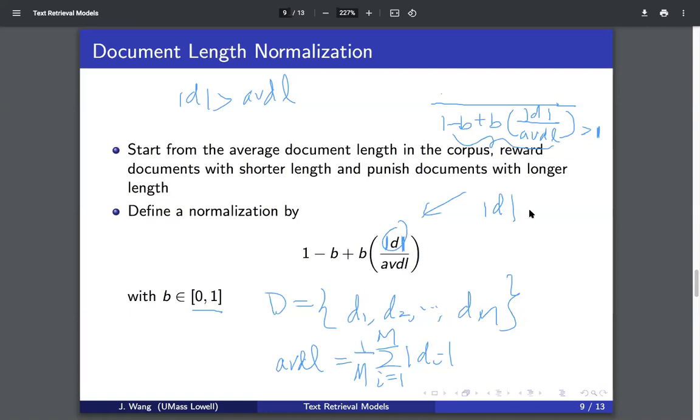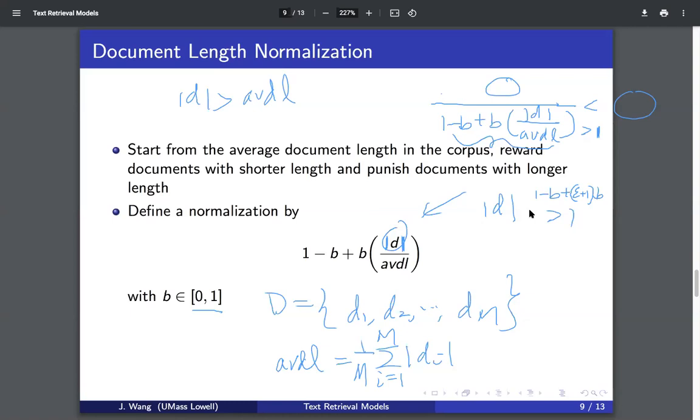Because this is greater than 1, 1 plus B times something greater than 1 is greater than 1. So that means a penalty is incurred, because with the whole thing greater than 1 at the bottom, the whole thing will be smaller than whatever is on top. So this is normalization, put at the bottom.